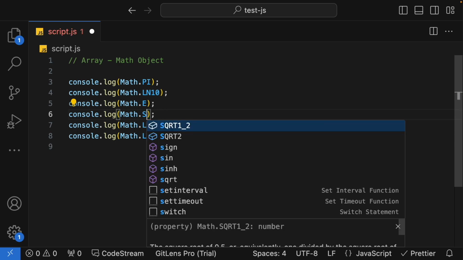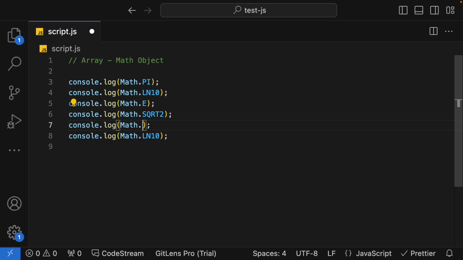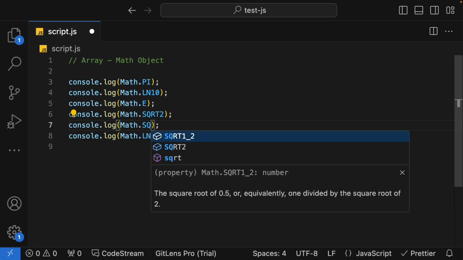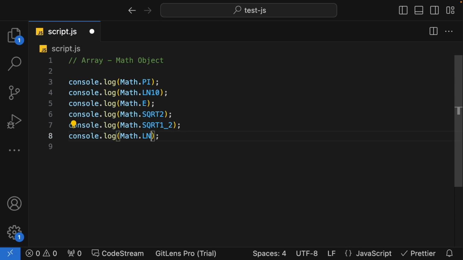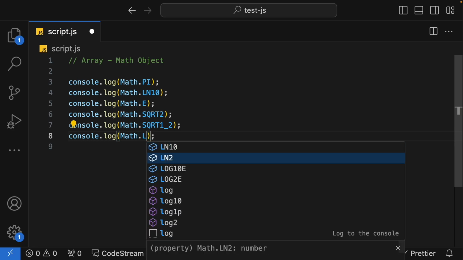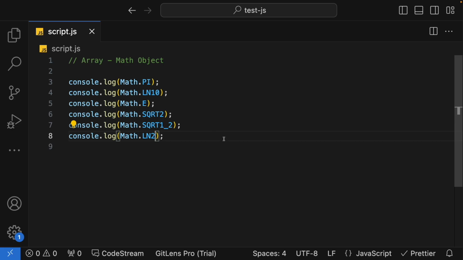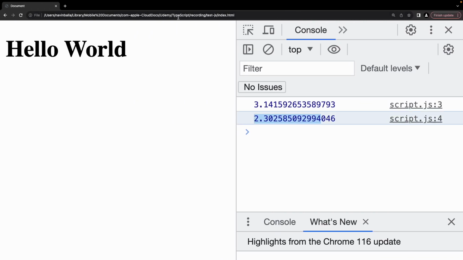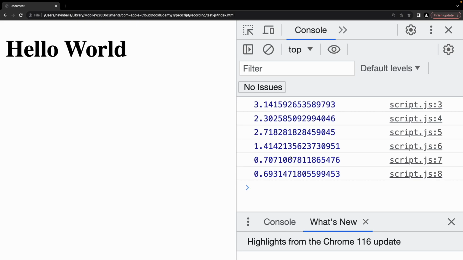There is the square root of 2, available as a constant directly. Square root of 1 by 2, which means 0.5. Then the logarithm of 2 is also available. Let's see the values. These are just constants available.